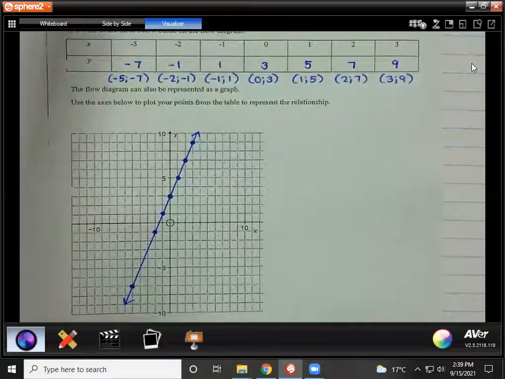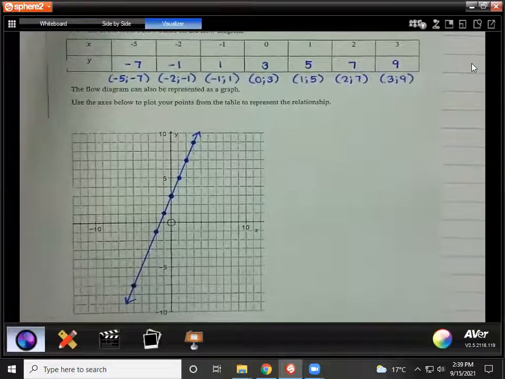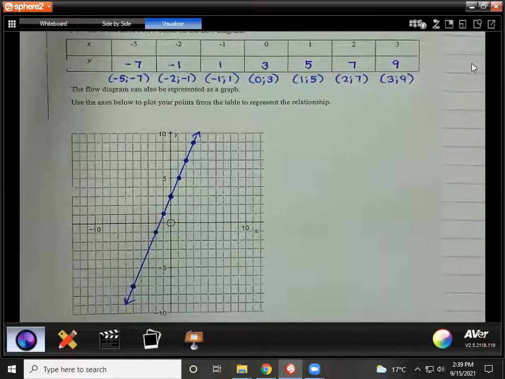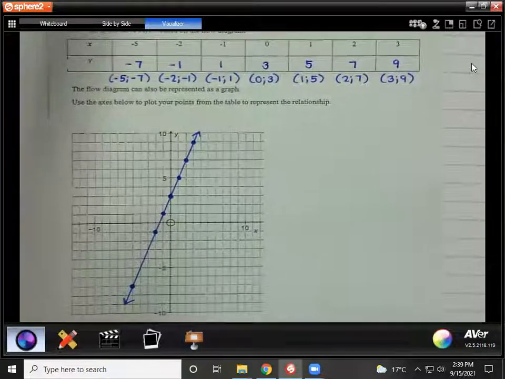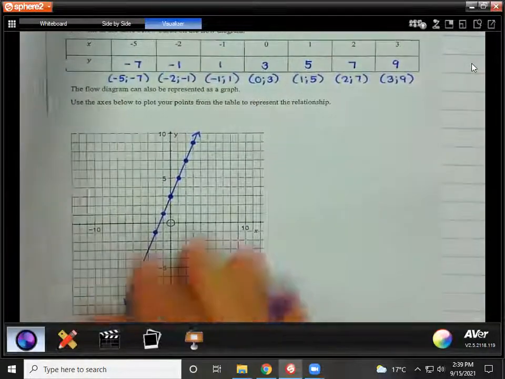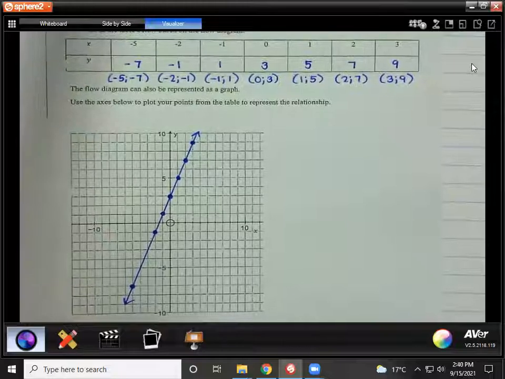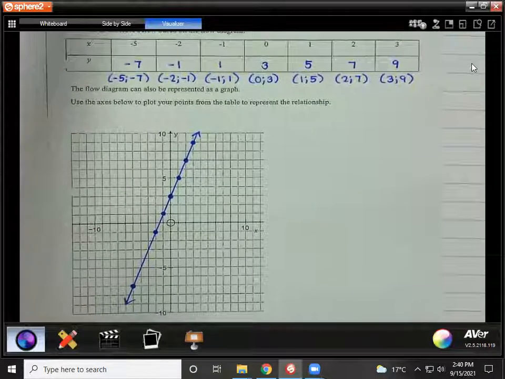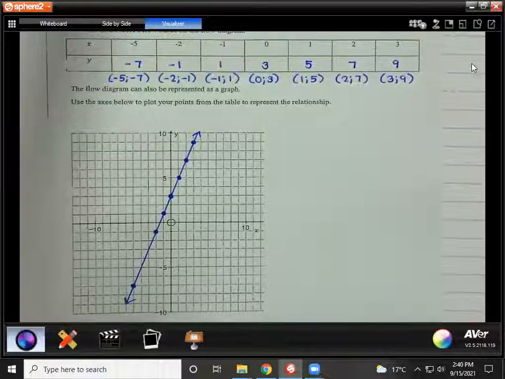There we go, yes. I did ask you to do it because that's what we did in the previous ones, but it's okay, as long as you were able to draw the graph. I just read it off the table as well.